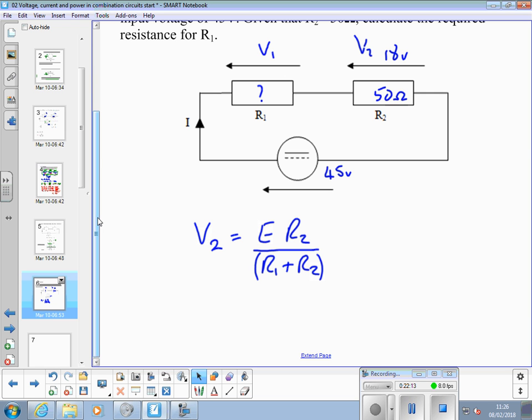What you're saying is divide both sides by what?